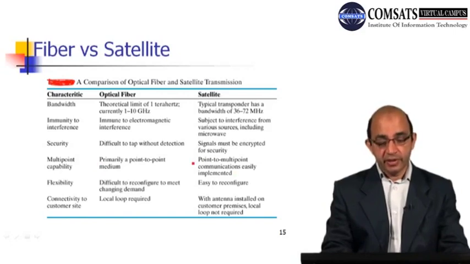And for satellite communication, we can have point to multi-point, right? We can have the example of a dish antenna, where the satellite is broadcasting and it is being received on the earth by many dish receivers.